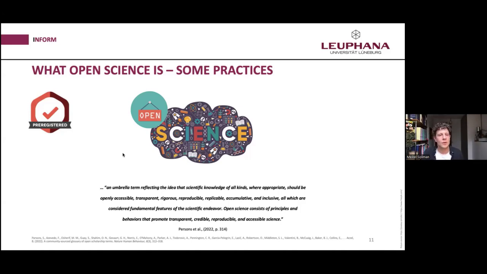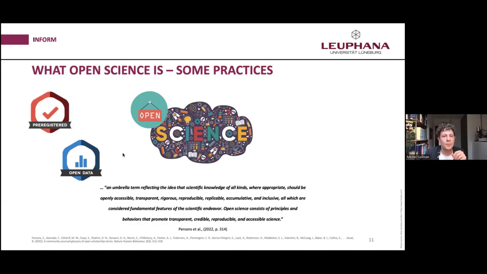So it doesn't make sense to eat the pasta without boiling it first. So basically, pre-registration is similar to a cookbook, and it specifies the theoretical background, the variables, the type of analysis, but also then how you want to present your data.